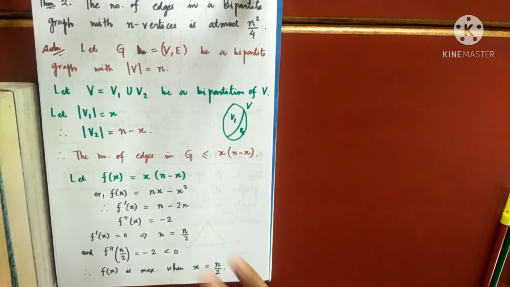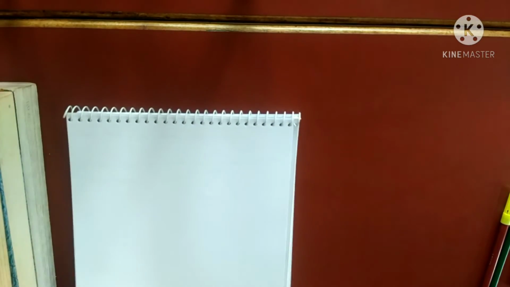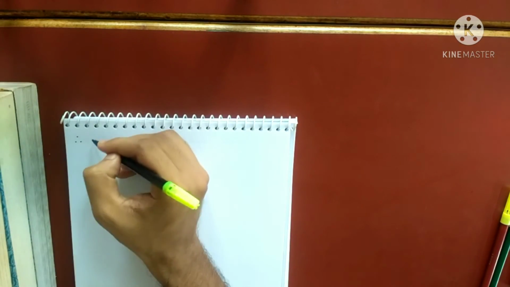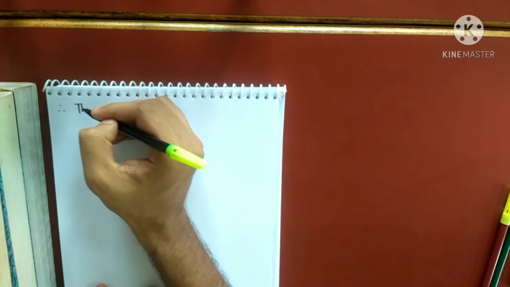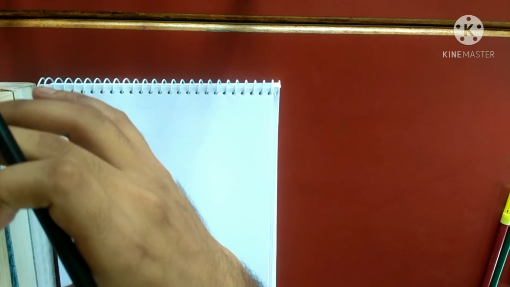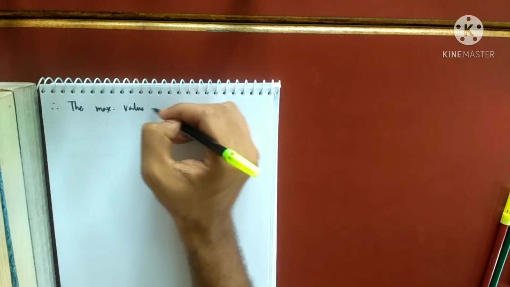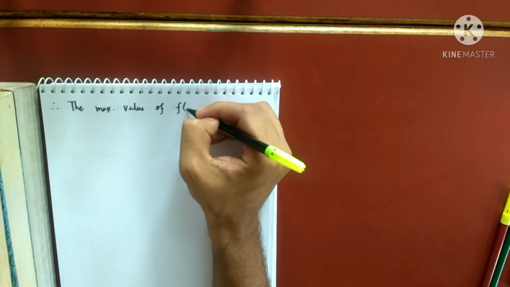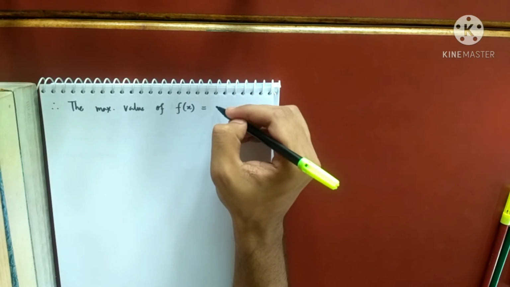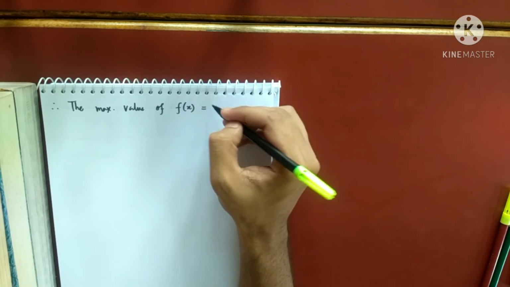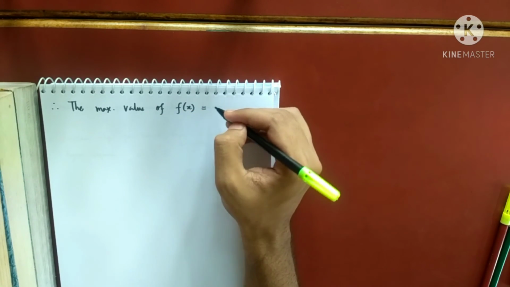I will just write it down very quickly. Therefore, the maximum value of f(x): what was f(x)? It was x into n minus x, but the maximum value is achieved at n by 2.